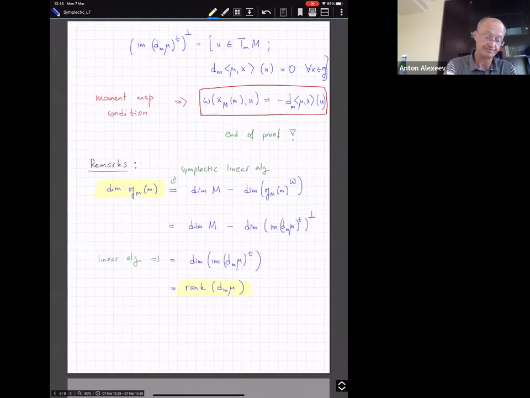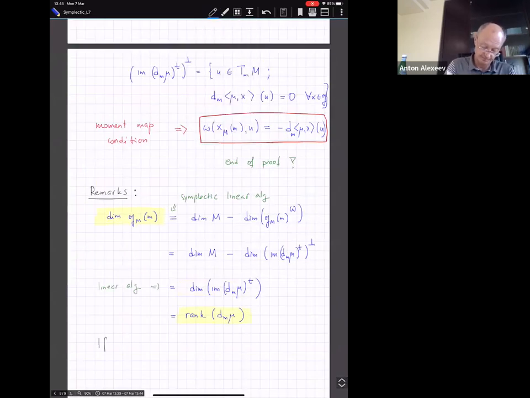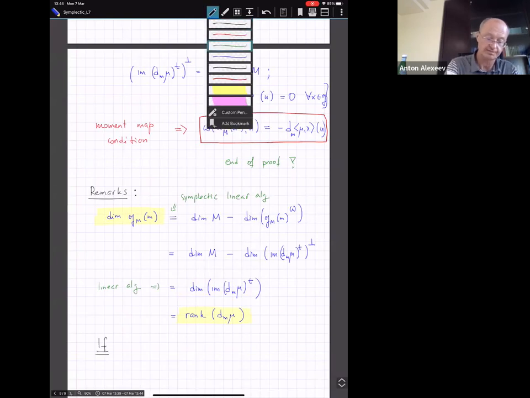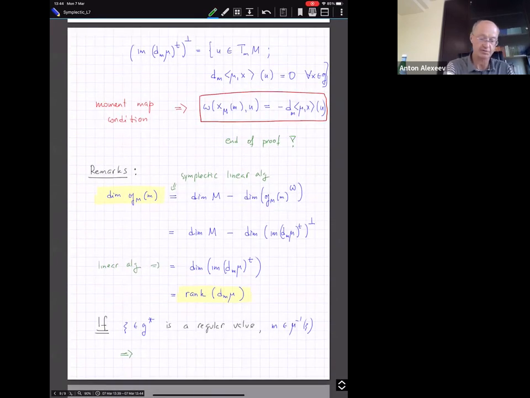In particular, if xi is a regular value, and m is a point of the fiber, then the following thing happens, right?